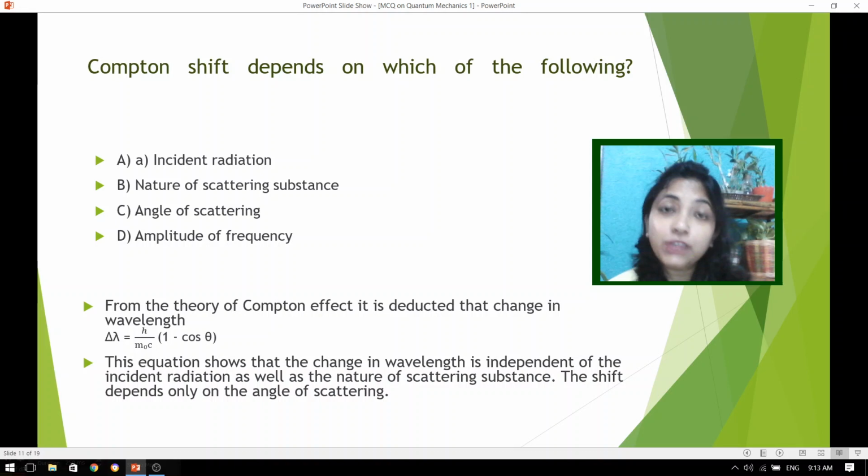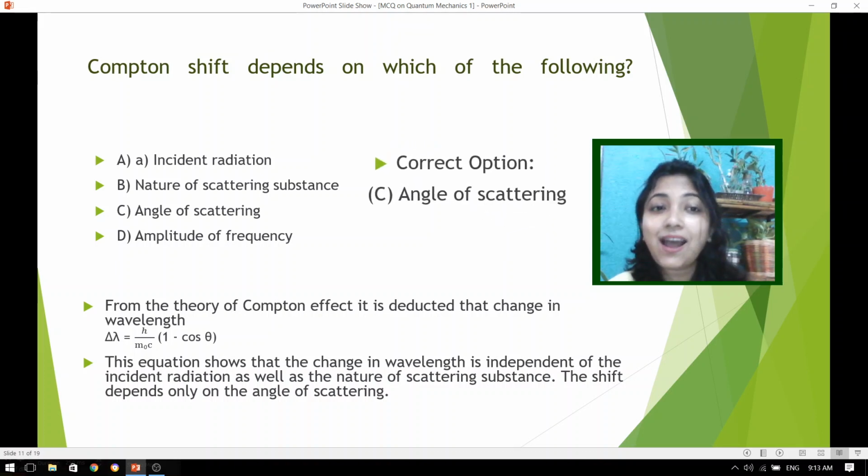Looking into the formula, you can see that this equation does not have anything to do with the incident radiation or the nature of the scattering substance or the amplitude of frequency. It only depends on the angle theta, which is the angle of scattering, which means the correct option in this case is C, angle of scattering.